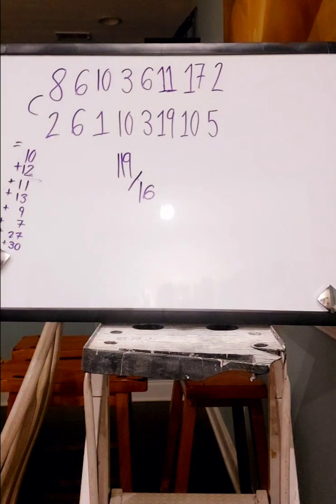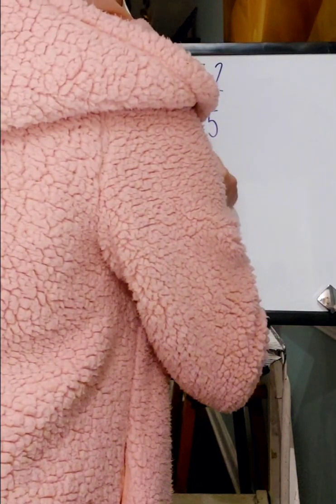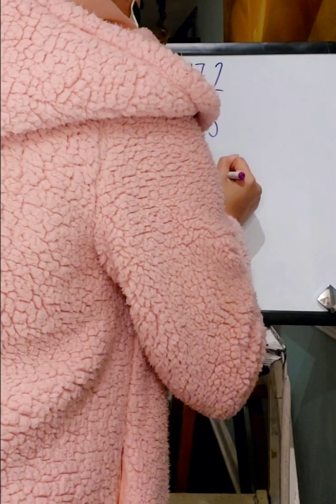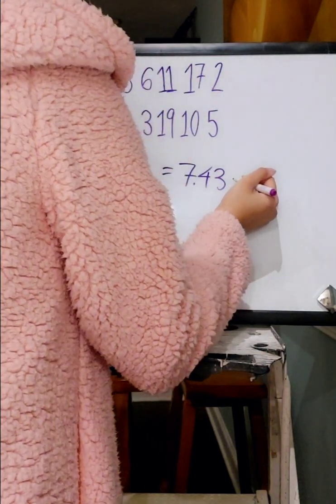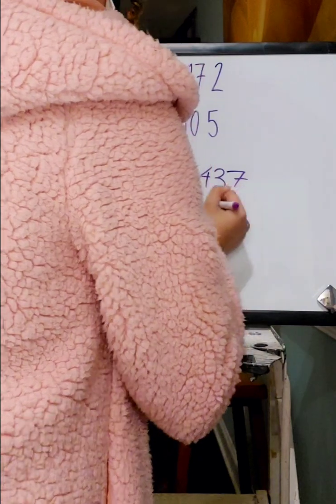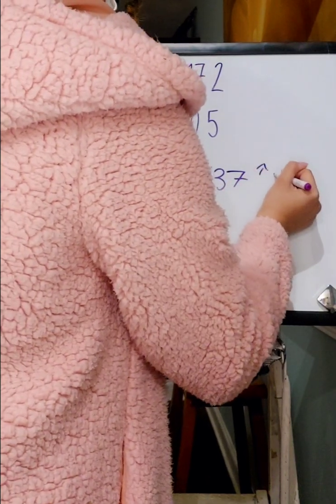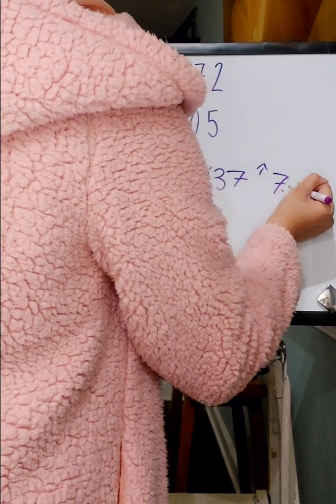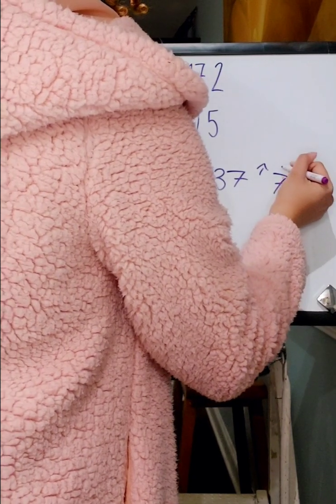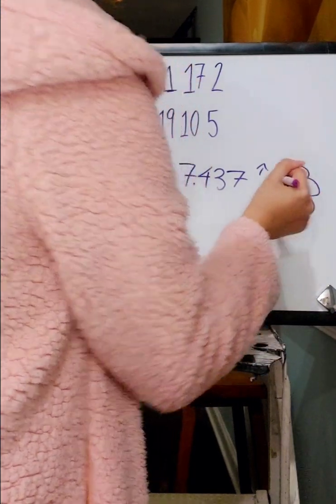On the calculator, 119 divided by 16 will give us 7.43. But then we can also round that and just have it be 7.4. And that is how you find the mean.